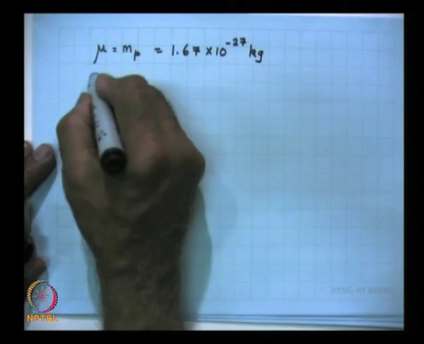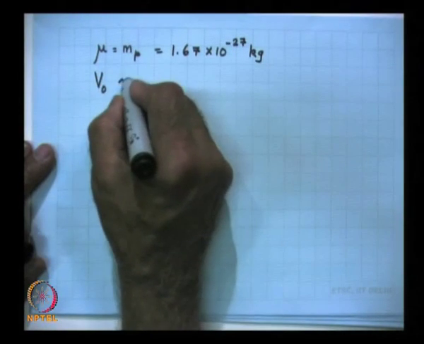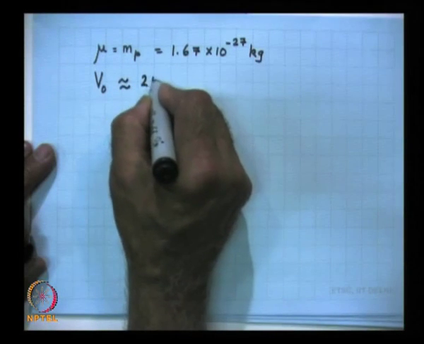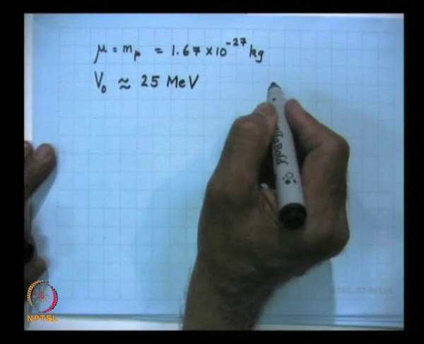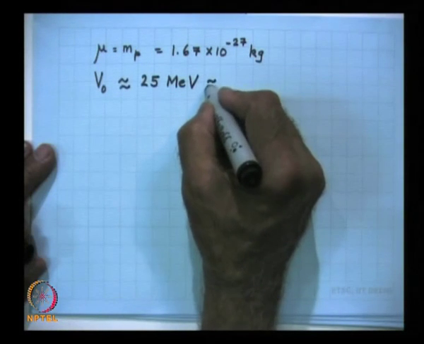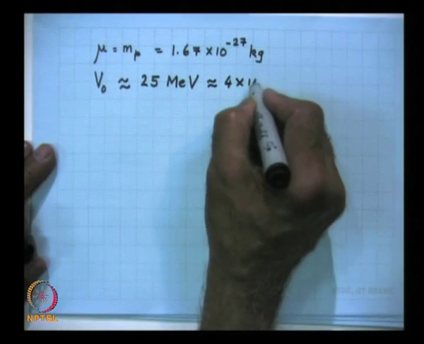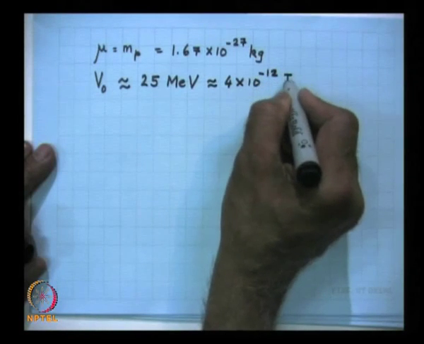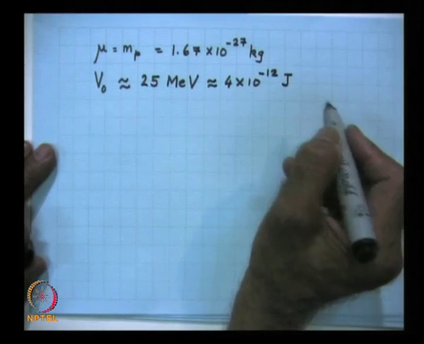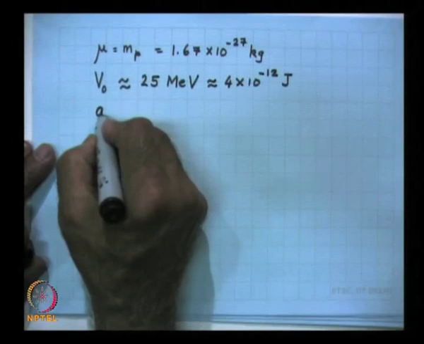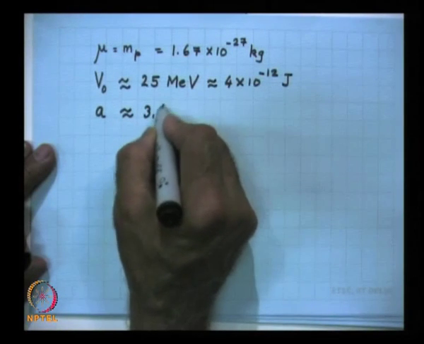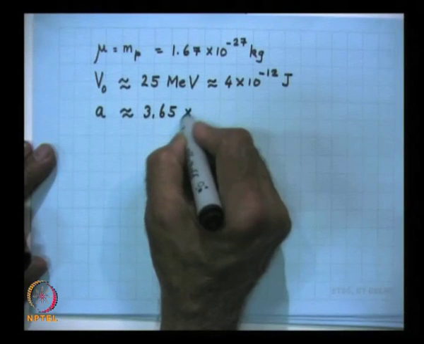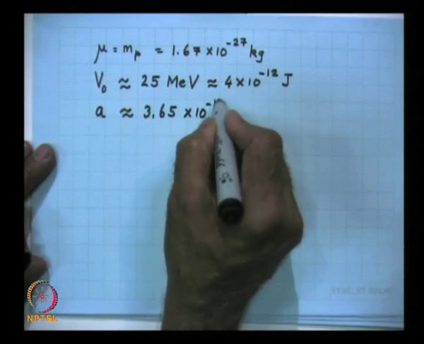Let us suppose this approximately represents the deuteron problem, with V0 of 25 MeV. This is about 4 into 10 to the power of minus 12 joules, 25 MeV, and a, the range of the potential, let us suppose is equal to 3.65 into 10 to the power of minus 15 meters.